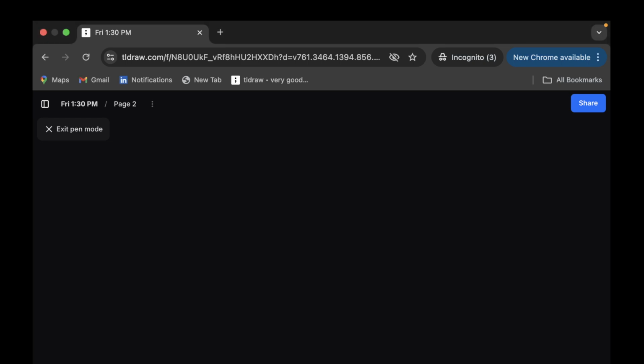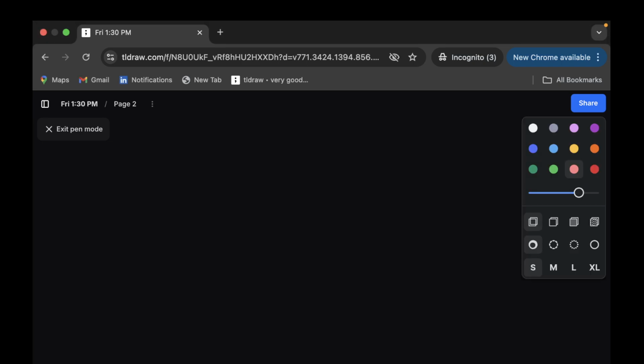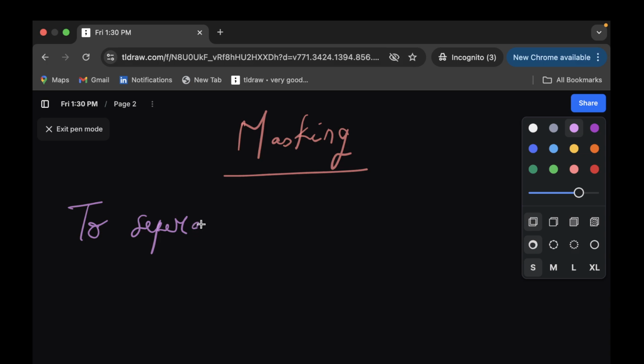First is basically masking. So we have something called masking that occurs. The job of masking is basically to hide, or to separate the network from the host portion.